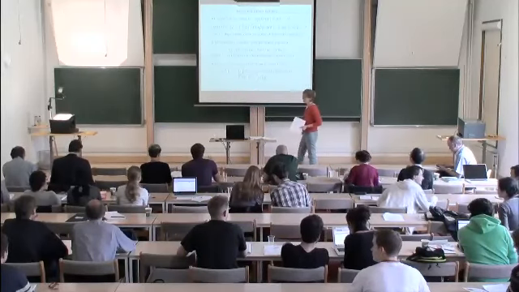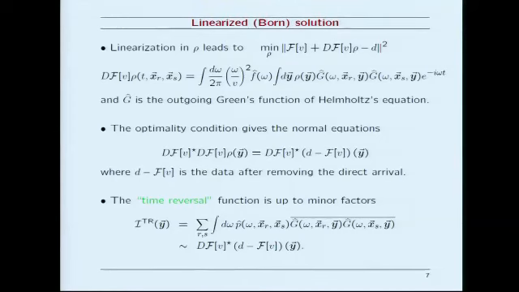So just to remind you, in the first lecture we motivated this time reversal function in the context of least squares inversion. Now the question is, can we use this for imaging?